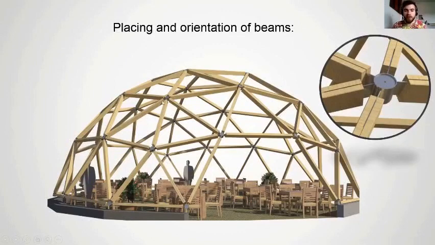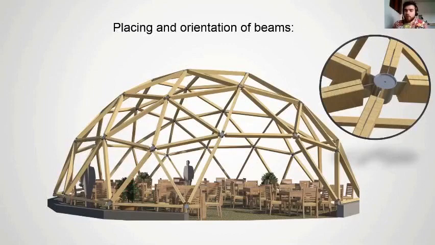And then we placed those beams, and these beams all had to be oriented to the center of the dome, as you can see here. So the structure works nicely and looks nicely.